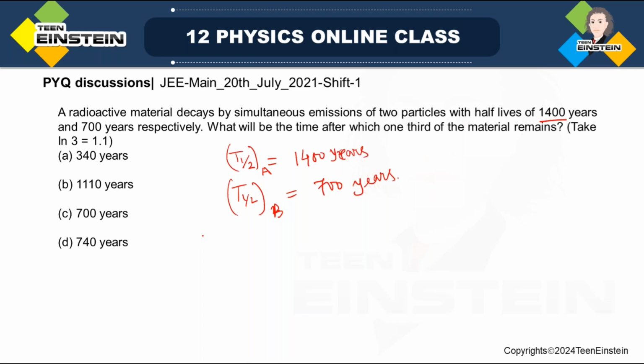That means if initially the number of nuclei is n0, then after which time this n of t will be n0 by 3. So this is what is being asked.